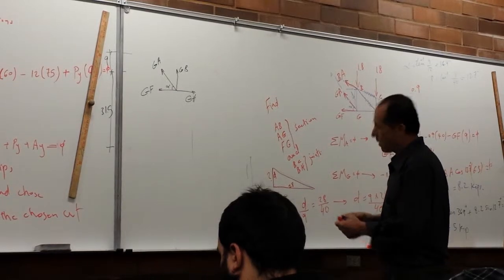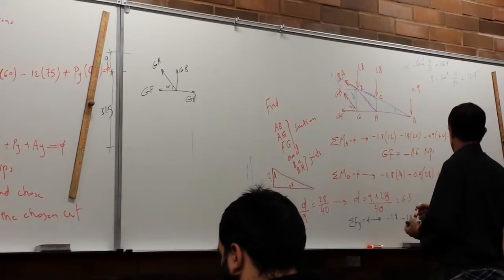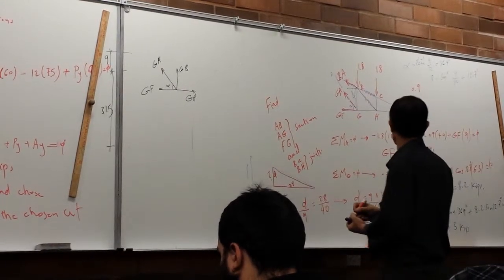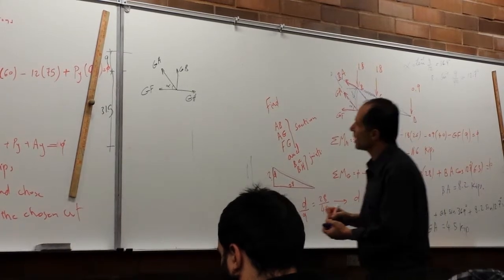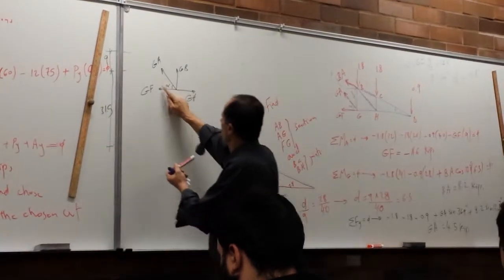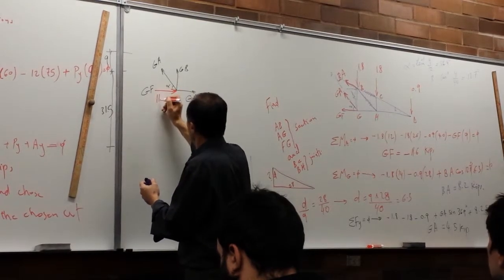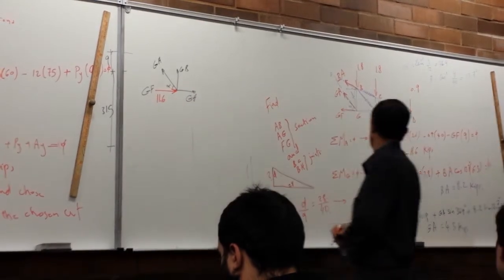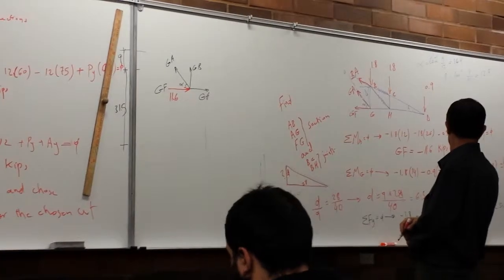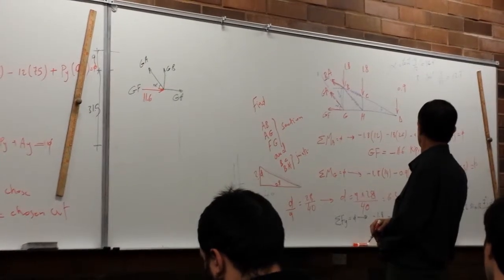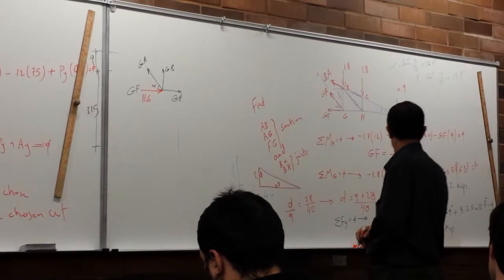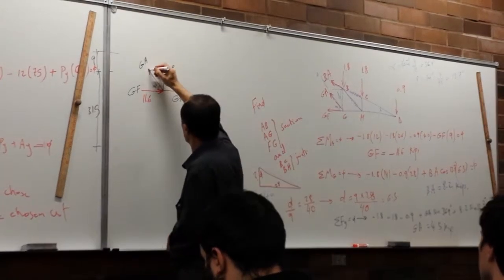GA and GF, we know them already. GF is 11.6, in this direction. Agree? GA, what is GA? 4.5, in this direction.